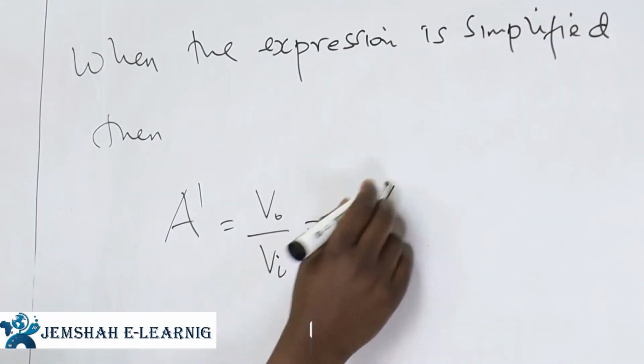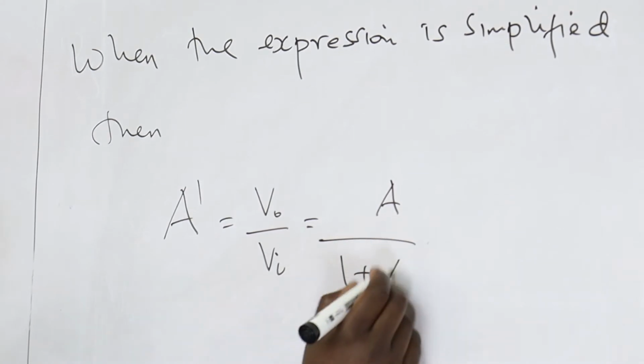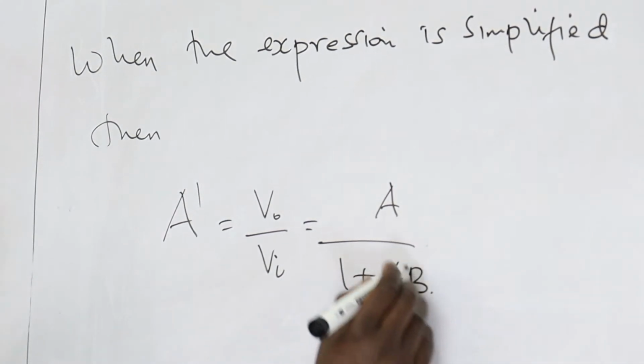It's supposed to give us A over 1 plus A beta.